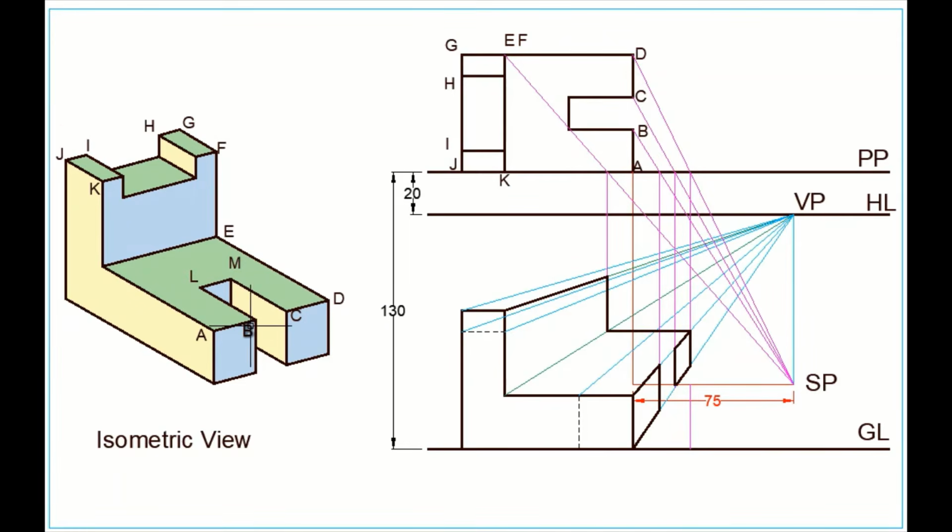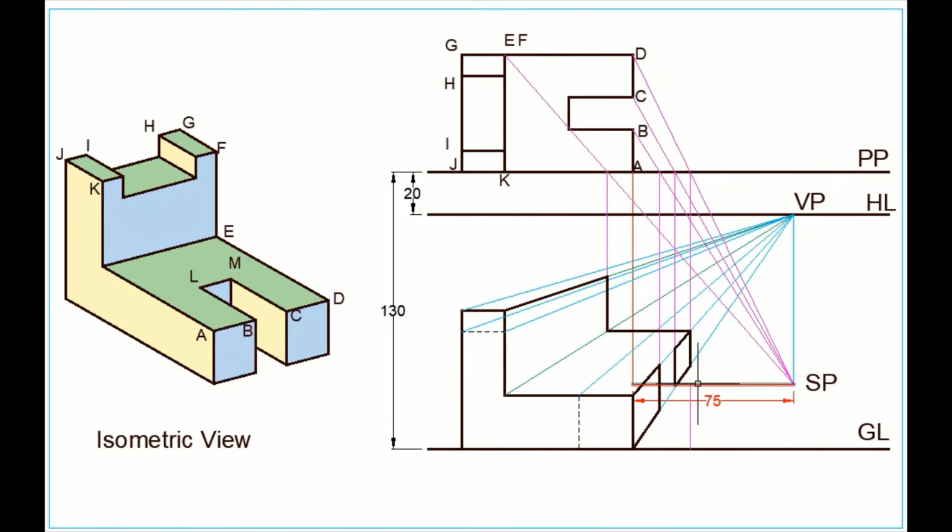So L and M should also lie on these edges which come from B and C, and these edges are horizontal. So this L and M in front view appears here. This dotted line here in the front view is actually standing for this face, this small triangular face which is going from LM downwards.